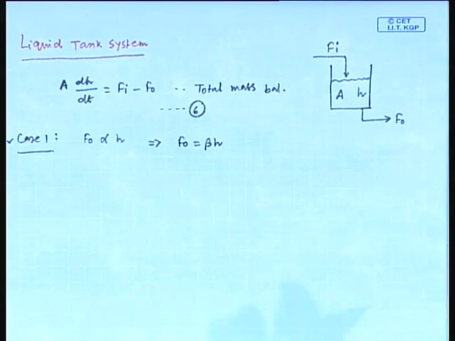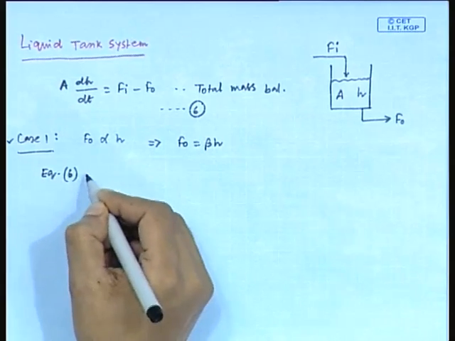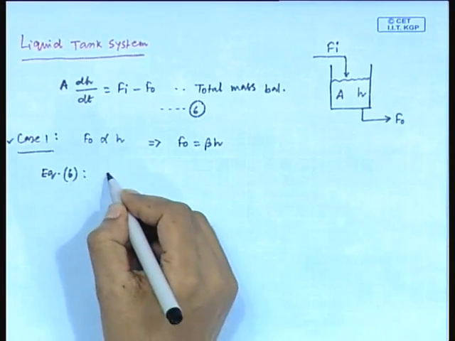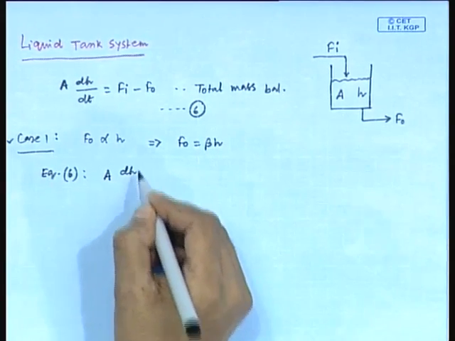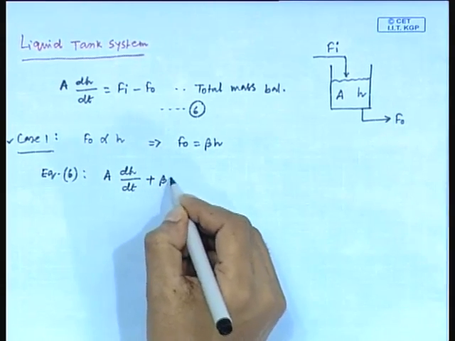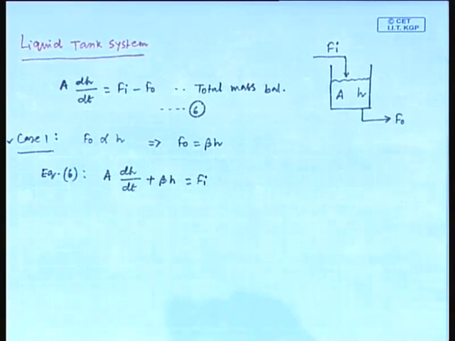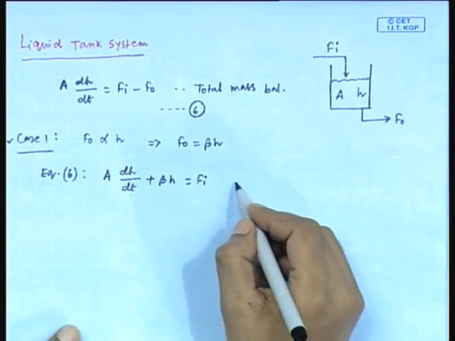If we substitute F0 equals to beta H in equation 6, then we get A dH dt plus beta H equal to Fi. Fine.